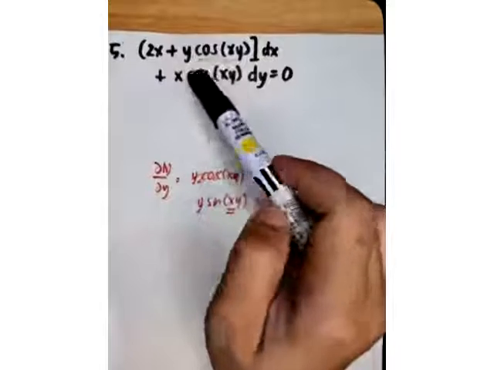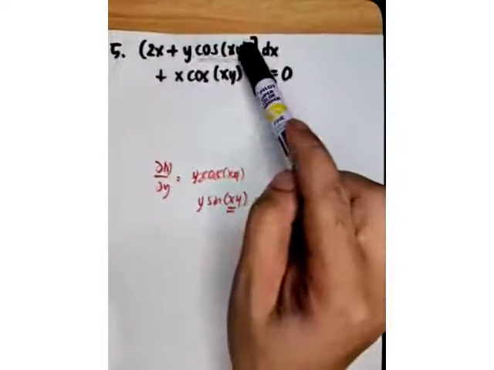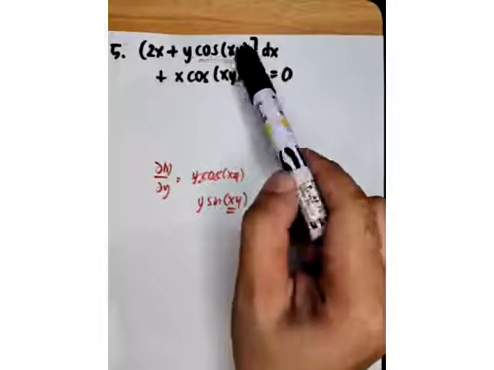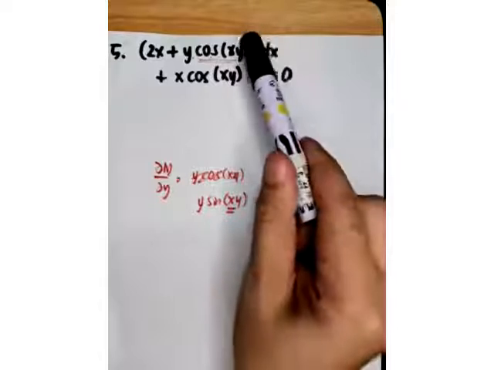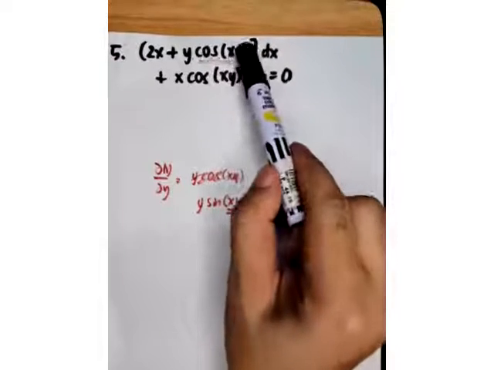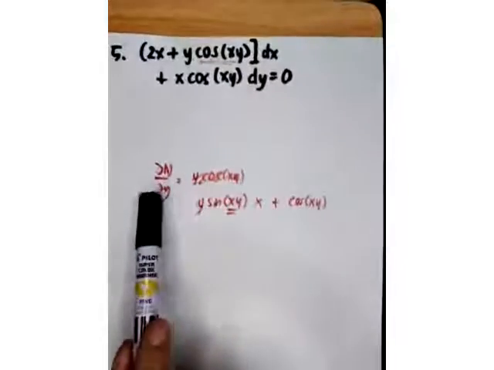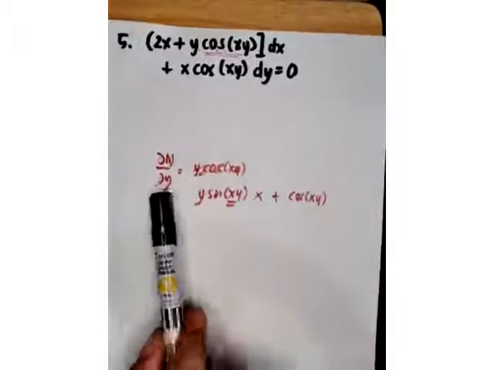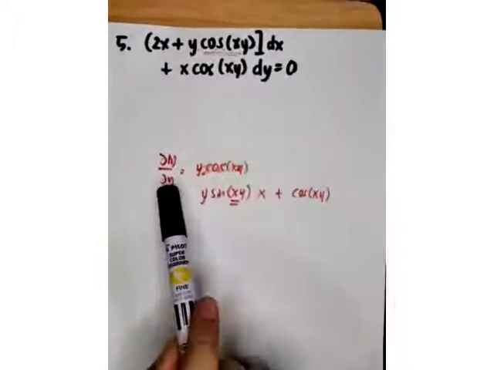Kasi nagpa-partial derivative tayo para ma-practice lang kayo. Cosine xy kasi yan. So that means pag ini-integrate natin or dinederive natin ang term na to, yung isang variable ay nagiging constant. Halimbawa, kinuha ko siya dito sa partial derivative ng M with respect to y dun sa test for exactness.